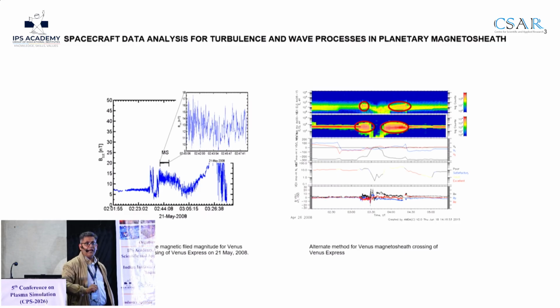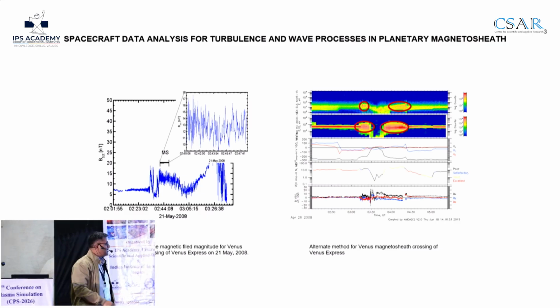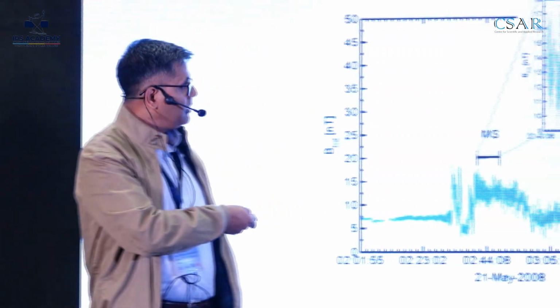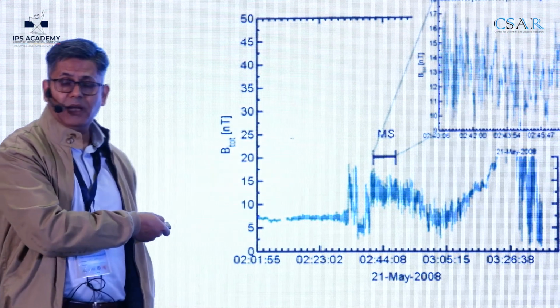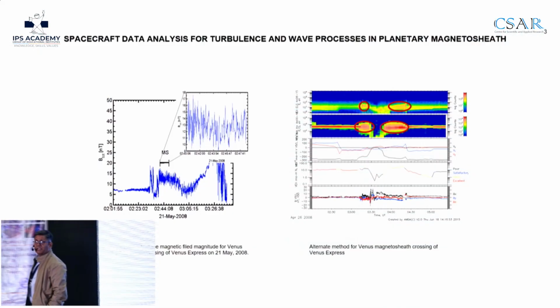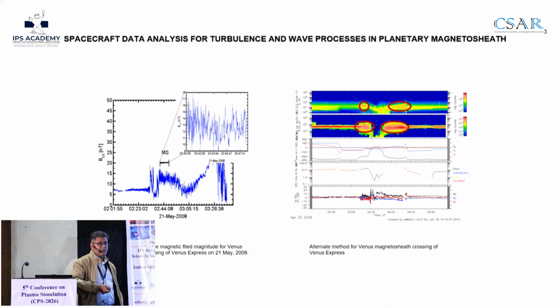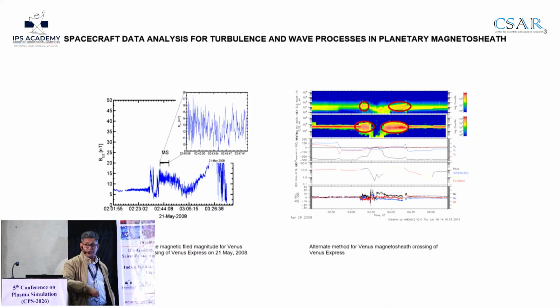But we wanted to have a statistical investigation, so we modified the selection procedure. We simultaneously scan the ion spectra and electron spectra, and we see the variation in the ion velocity, change in the number density, and change in the magnetic field fluctuation.